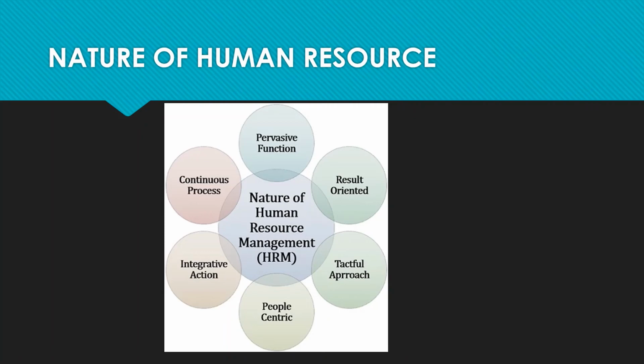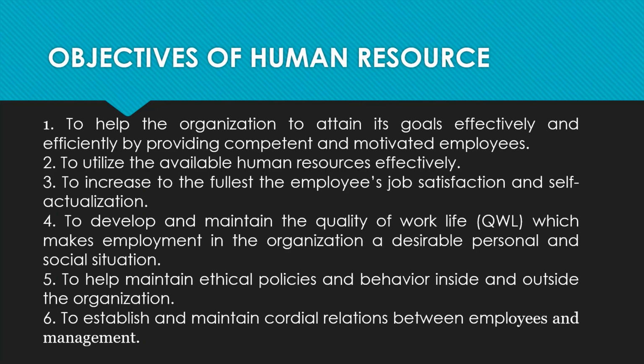Let us discuss some of the objectives of human resource. Human resource management always helps the organization to achieve its goal. How? Because for achieving a goal, you need employees, you need workers, and HR provides you competent and motivated employees.